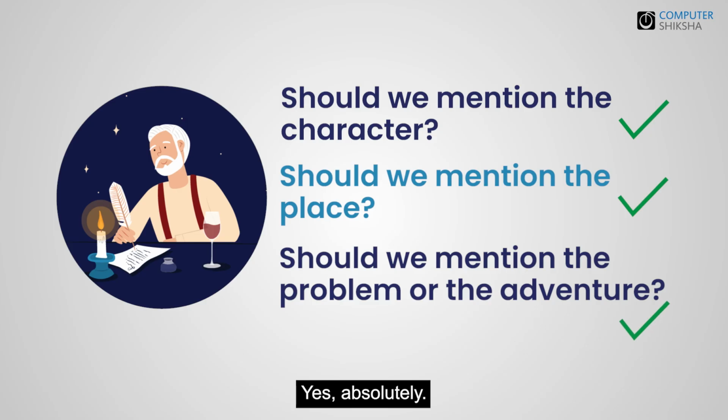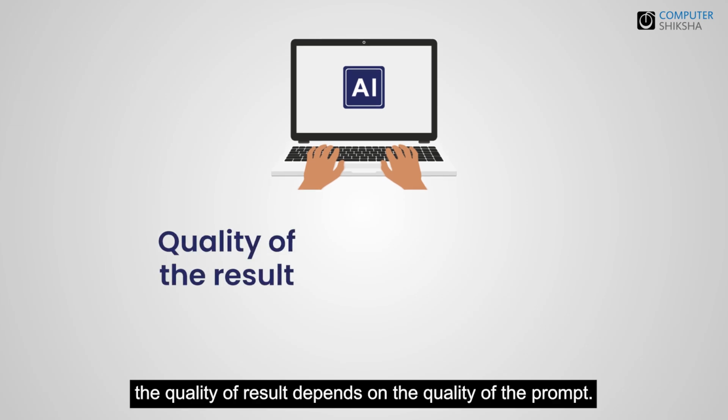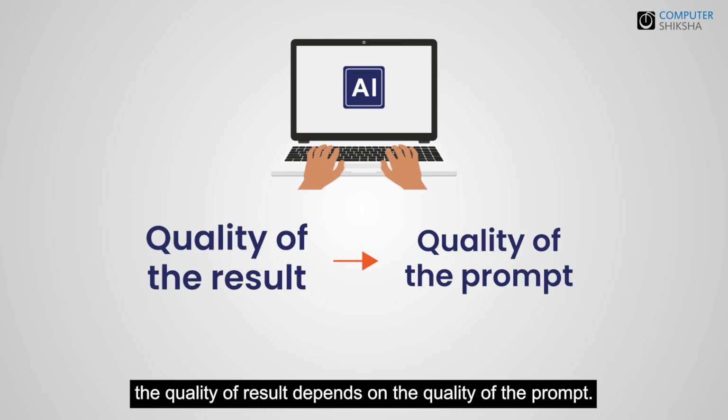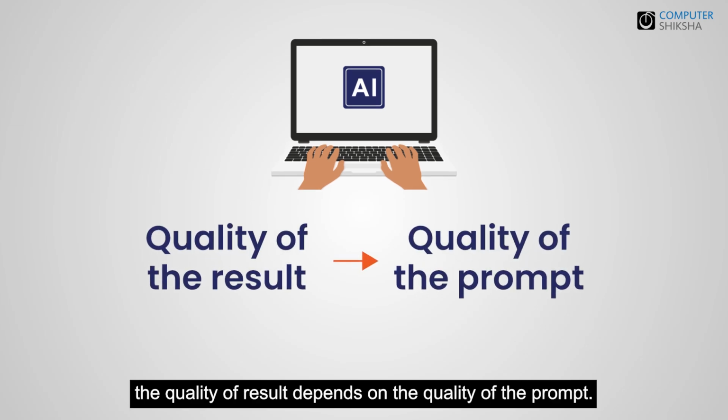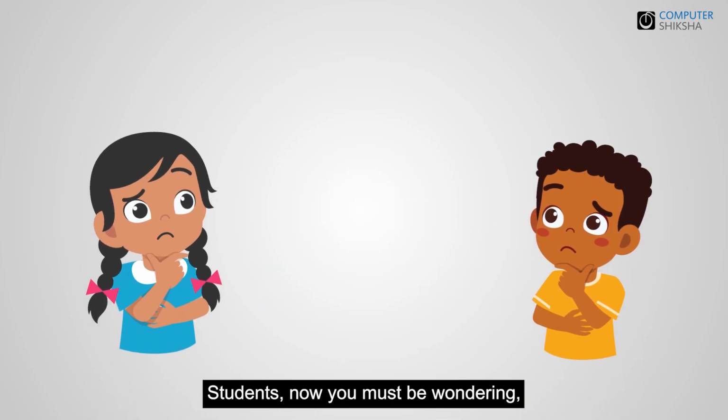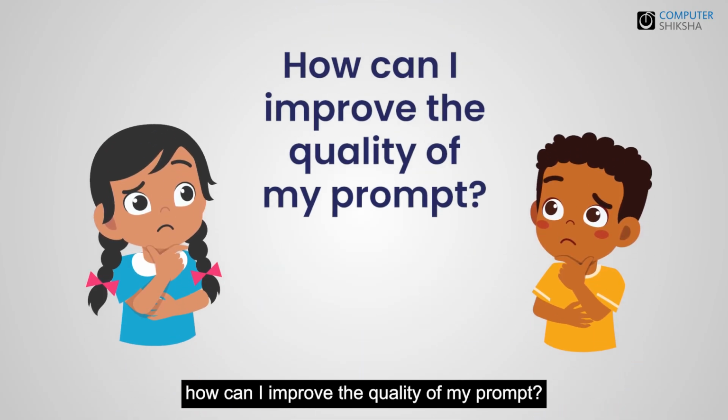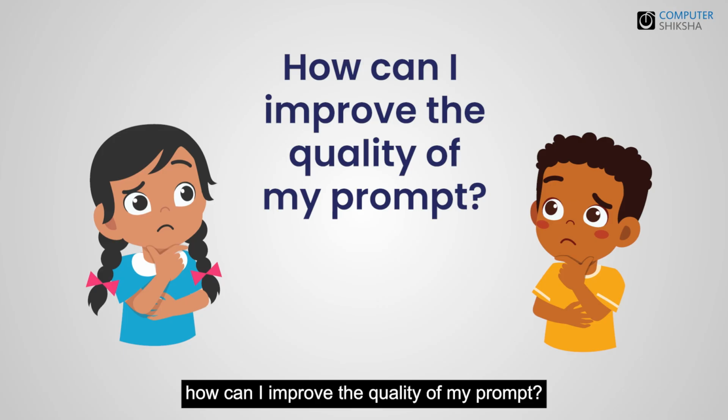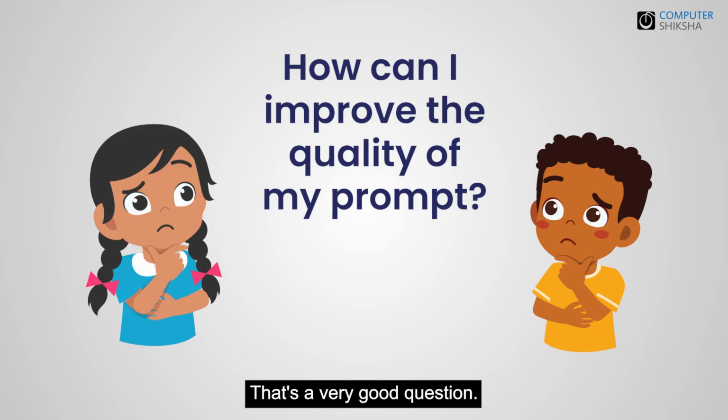Yes, absolutely. When we work with AI, the quality of result depends on the quality of the prompt. Students, now you must be wondering, how can I improve the quality of my prompt? That's a very good question.